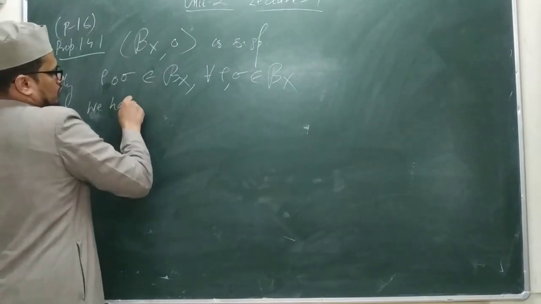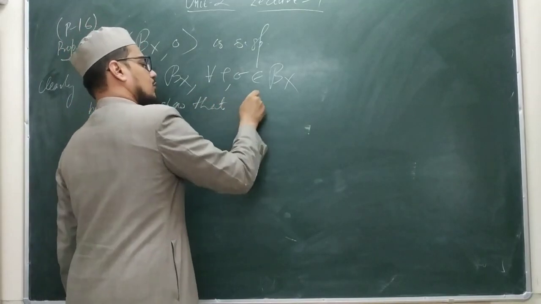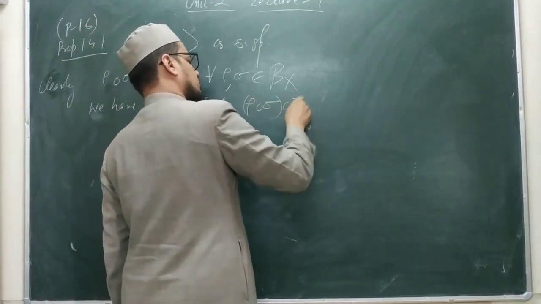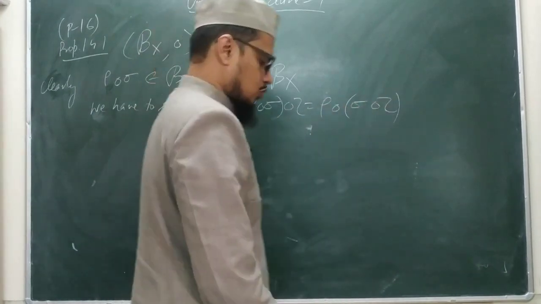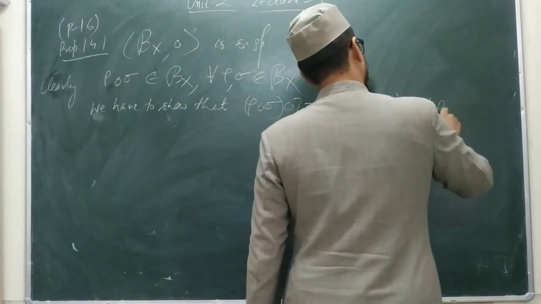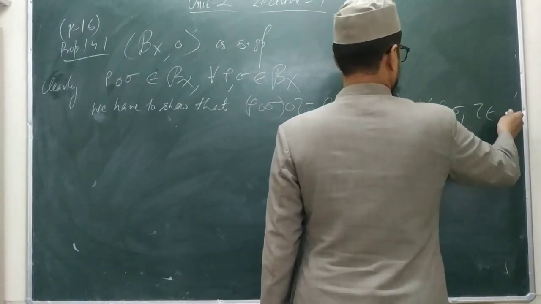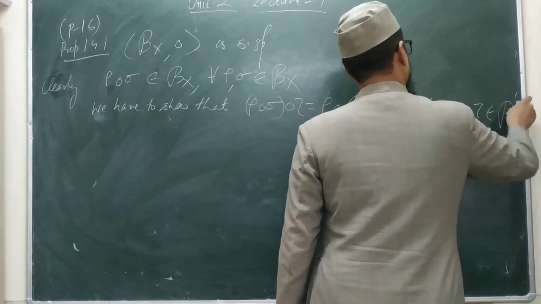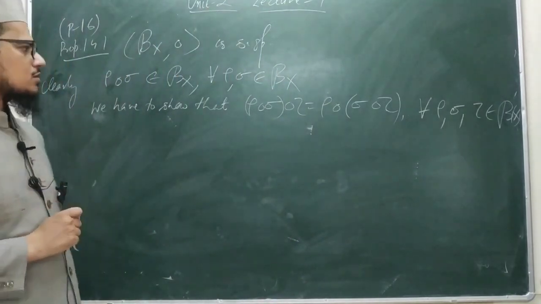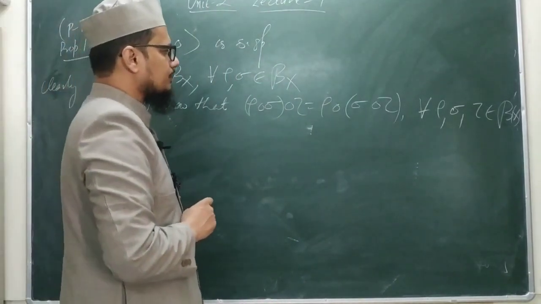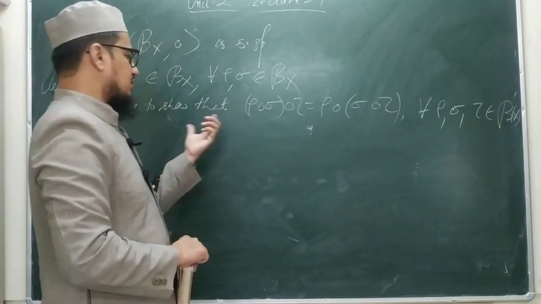We have to show that (rho composition sigma) composition tau is equal to rho composition (sigma composition tau) for every rho, sigma, tau belonging to B_X. So this we have to prove. You have taken three relations rho, sigma, tau.